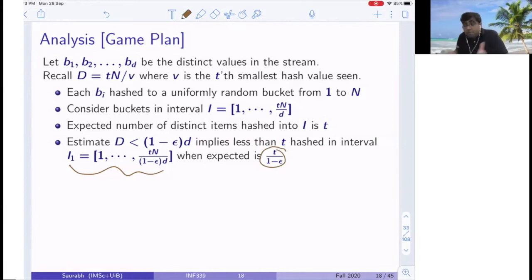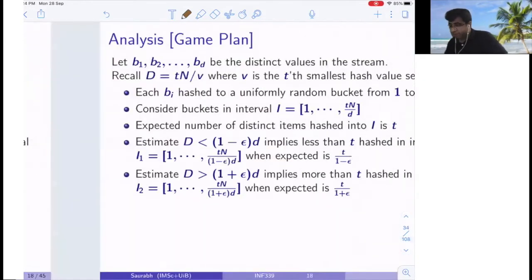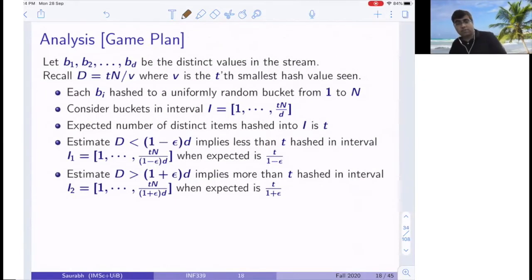So you expected many more values to be seen there, but actually you saw something much smaller. Similarly, if D is more than 1 plus epsilon D, it implies that more than T hashed in the interval, although you expected a much smaller value to be seen there.